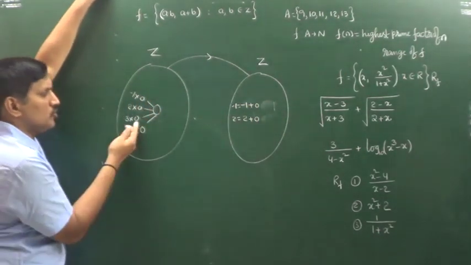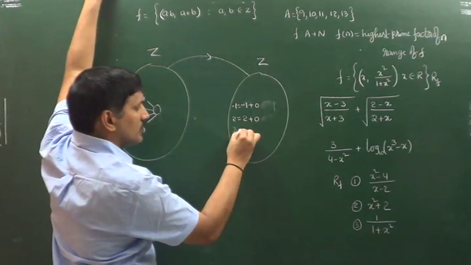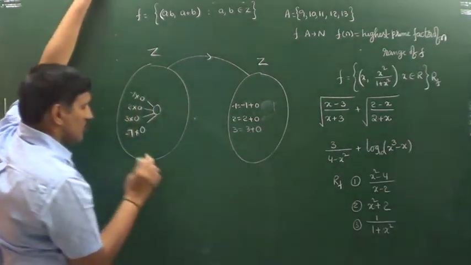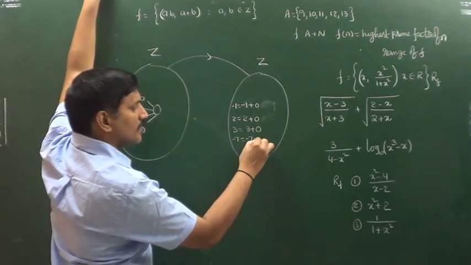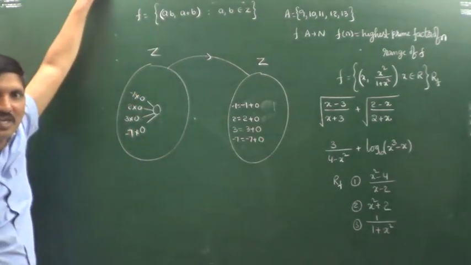Next, 3 into 0 is connected with 3 plus 0. Minus 7 into 0 is connected with minus 7 plus 0. So what is the meaning here?